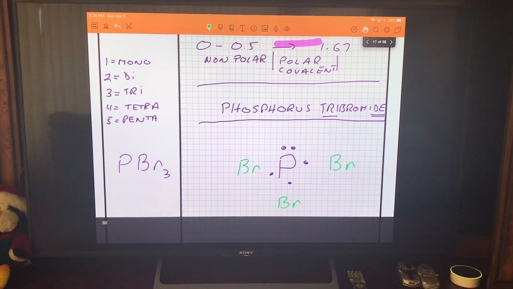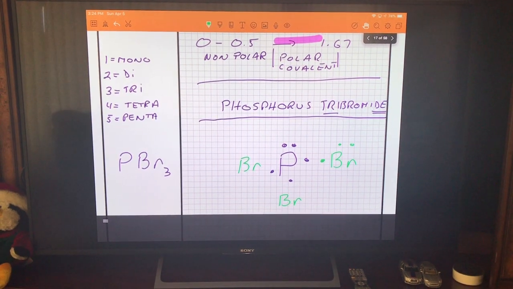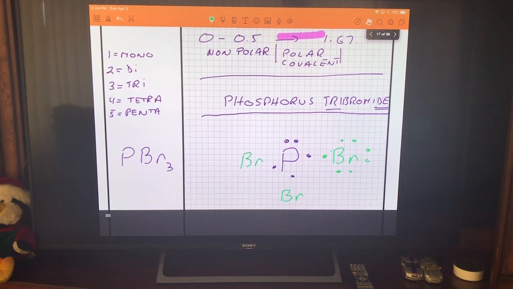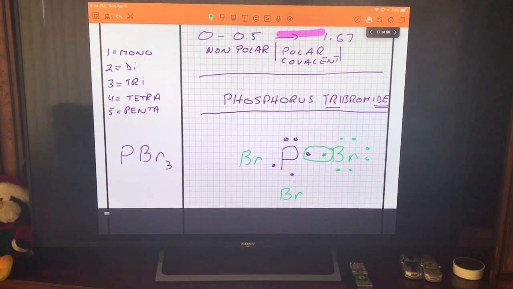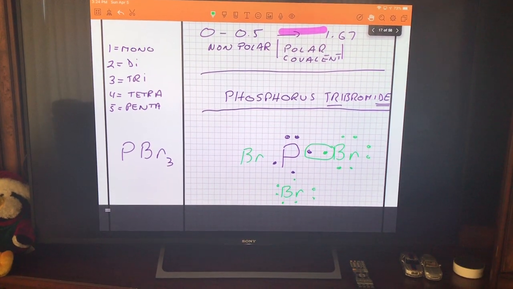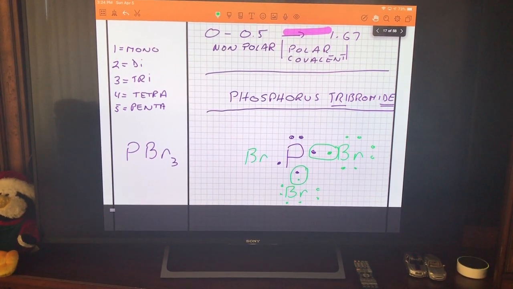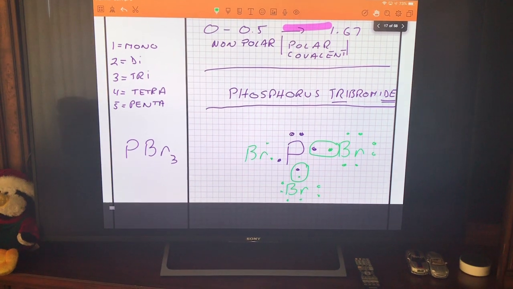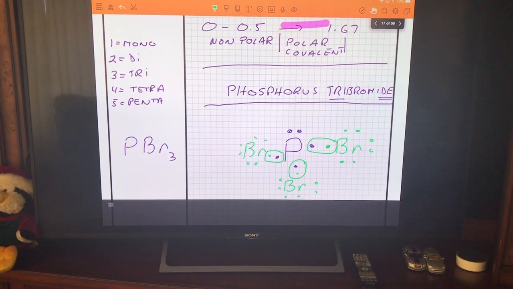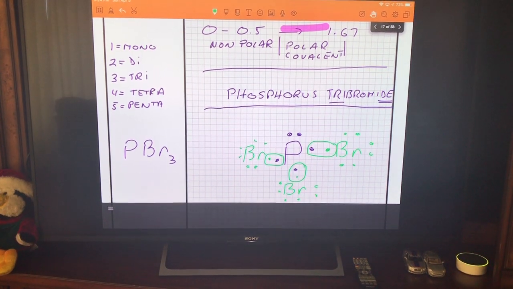And each of those had 7. So 1, 2, 3, 4, 5, 6, 7. And then we'll circle that bond. Again, 1, 2, 3, 4, 5, 6, 7, and circle the bond. Again 1 through 7, and circle the bond. So there's our completed Lewis structure.